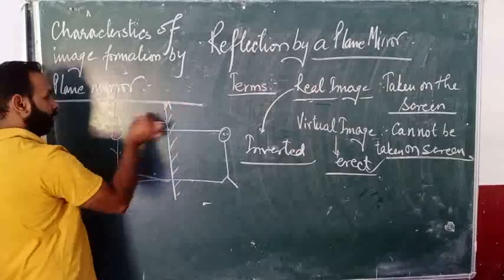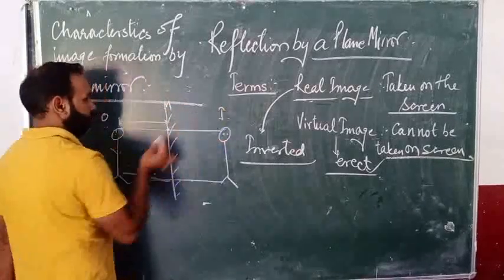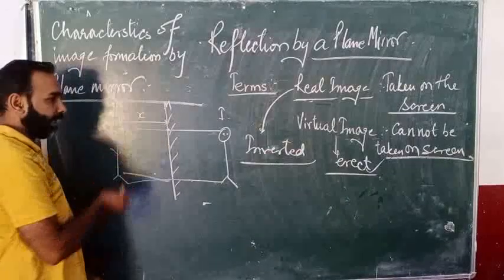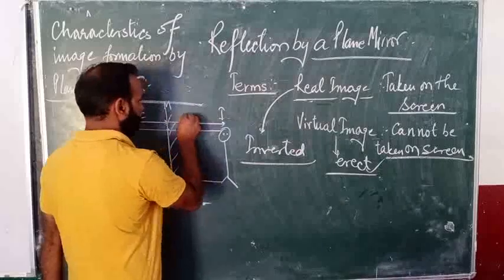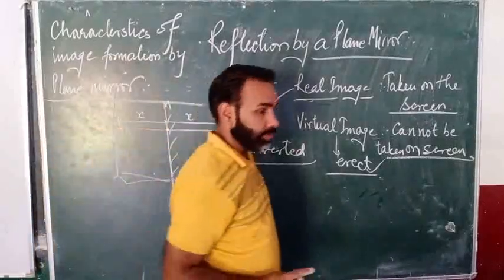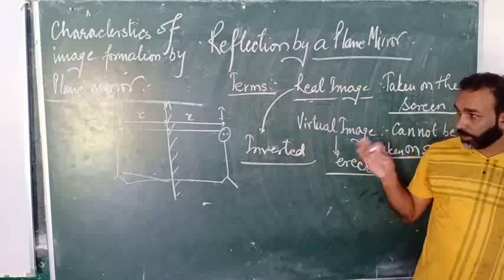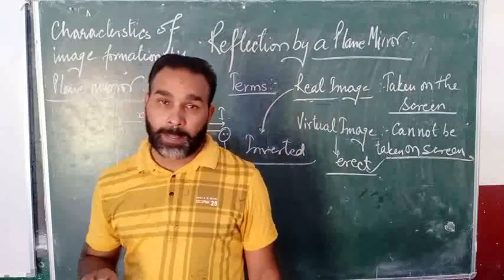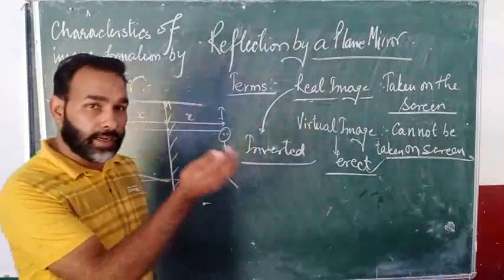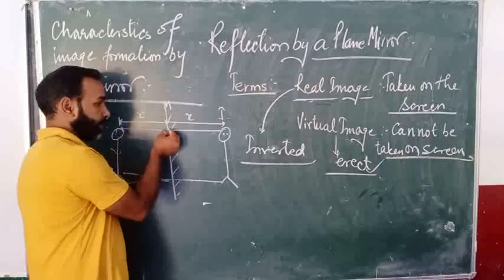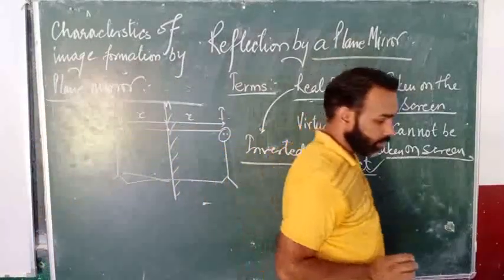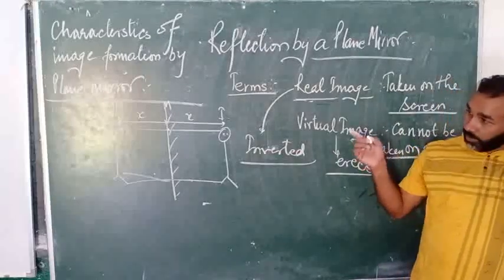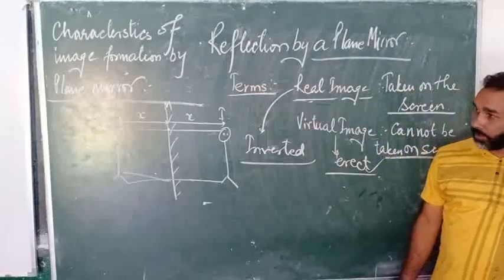This is mirror, this is object, and this is image. जो आपकी सेपरेशन डिस्टेंस होगी ऑब्जेक्ट और मिरर के बीच में, लेट्स सपोज दिस इज x, सो सेम डिस्टेंस ऑफ सेपरेशन मिरर और इमेज के बीच में भी होगी, ठीक है। इस पे कभी कभी एक ऑब्जेक्टिव क्वेश्चन मिल जाता है। तो मिरर एंड द ऑब्जेक्ट और मिरर एंड द इमेज के बीच में जो सेपरेशन डिस्टेंस होगी वो हमेशा बराबर होगी। सो दैट इज द सेकंड कैरेक्टरिस्टिक। First was that the size of the object and the image is same.